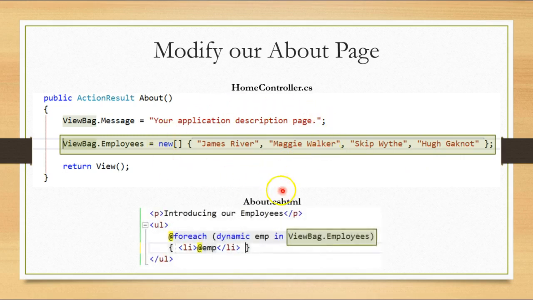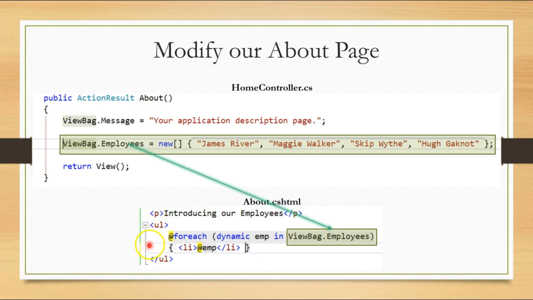Let's look at the about CS HTML and notice that we have the employees here matching up with the viewBag employees down here. Now this is my C# HTML. Again, it's a mixture of C# and HTML code. Here we have some HTML.